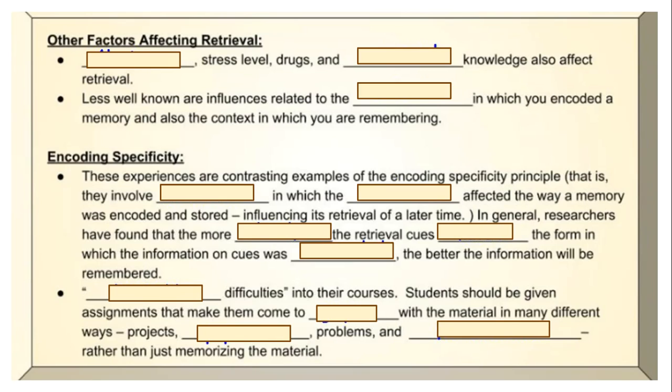Other factors affecting retrieval, things like your alertness, your stress level, drugs, general knowledge also affect retrieval. Less well known are the influences related to the context in which you encoded the memory and also the context in which you are trying to remember it or to retrieve it. Encoding specificity.